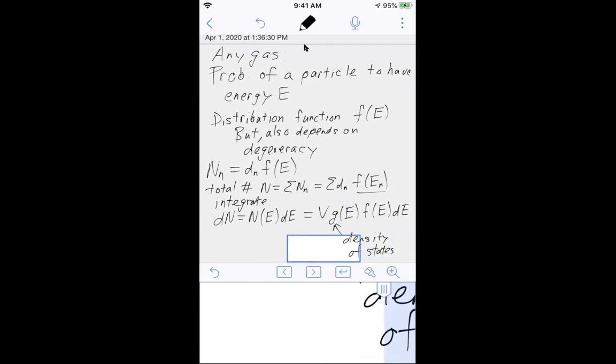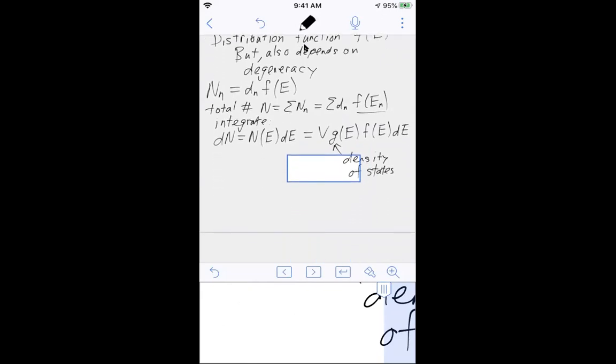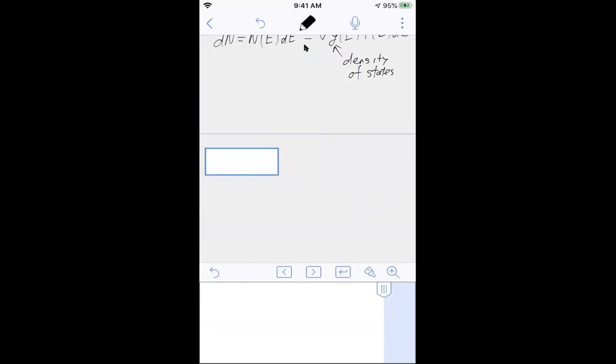Okay, so this density of states is the number of different ways to arrange particles in a particular volume. That's something we can figure out independent of the distribution function.